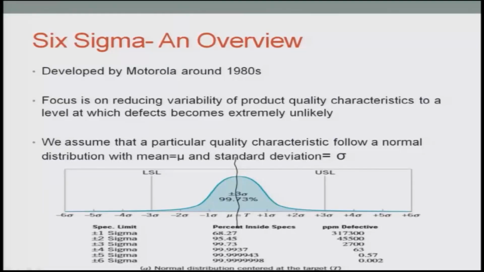So, the overall length is basically 6 sigma, hence it is the concept of 6 sigma. So, if you consider the overall characteristics, then it becomes very simple how you are going to find out the level of defect or level of percentage of good products which you are going to consider.